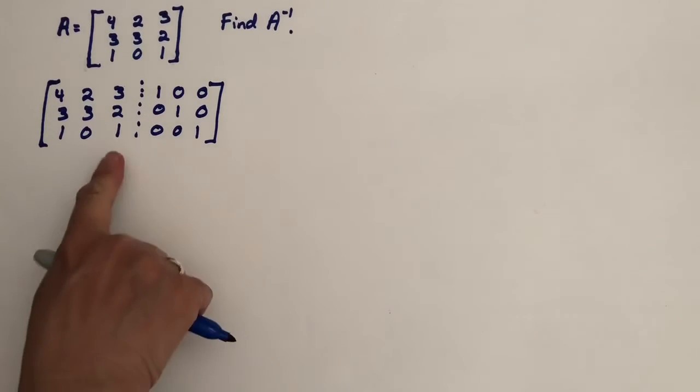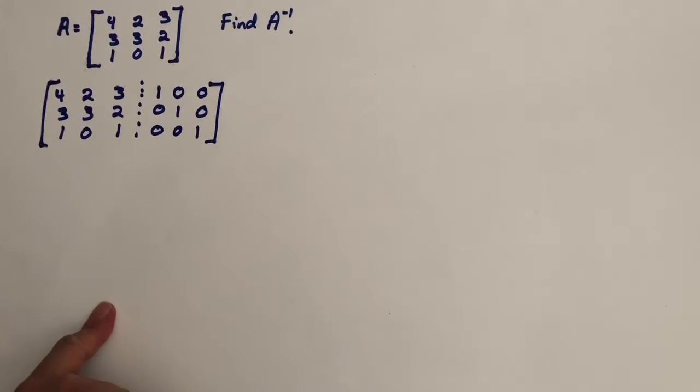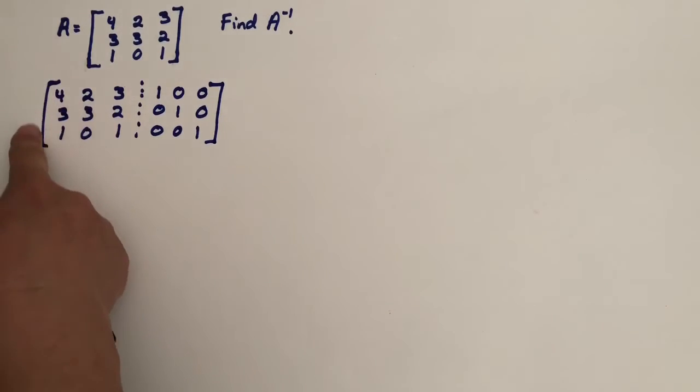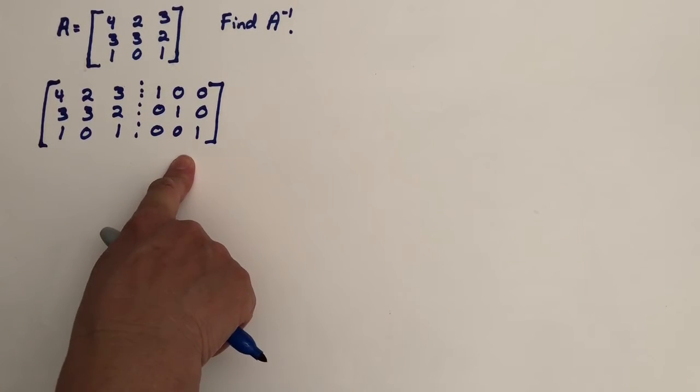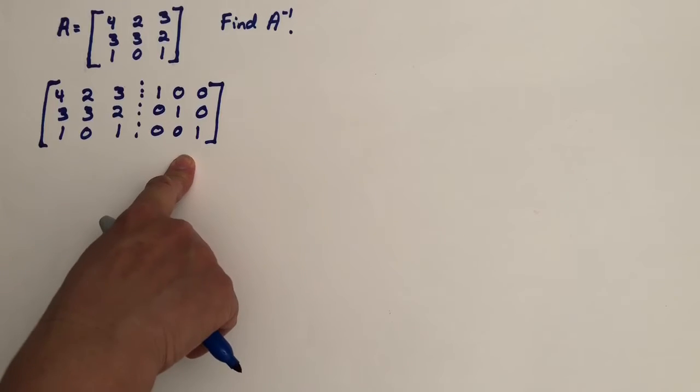Our task, remember, is to use our elementary row operations so that we end with the identity matrix on the left, and on the right-hand side, we'll have A inverse.